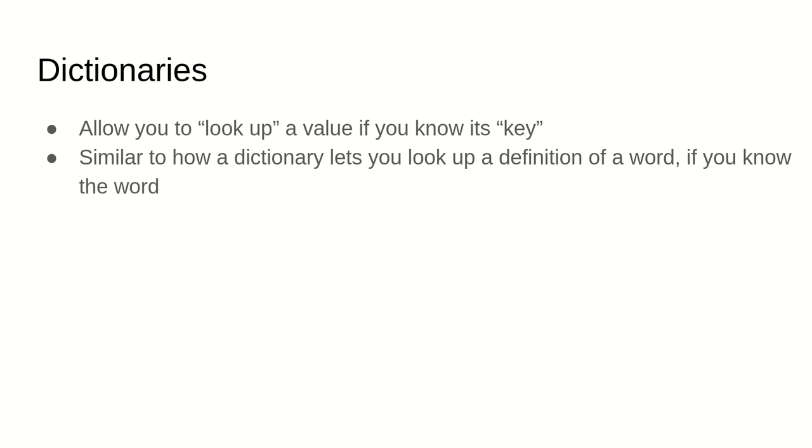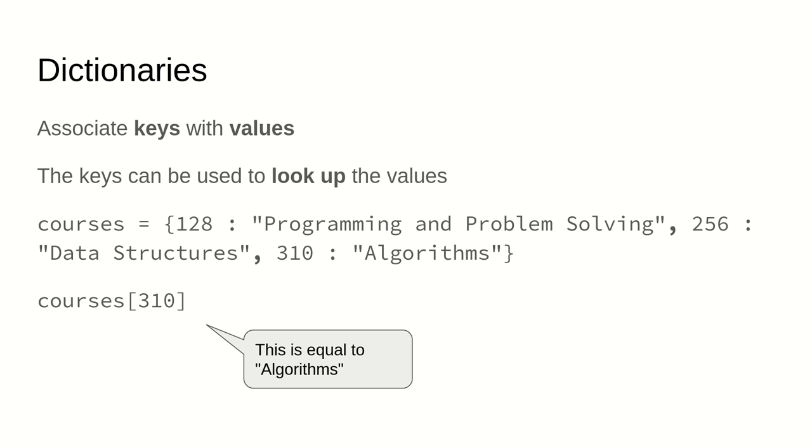And so this is similar to how a real dictionary lets you look up using the word as the key. You can look up its definition, and often that definition is much longer than the key, the word here. So that suits our example perfectly.